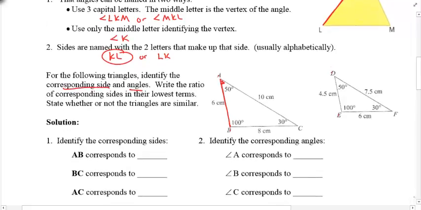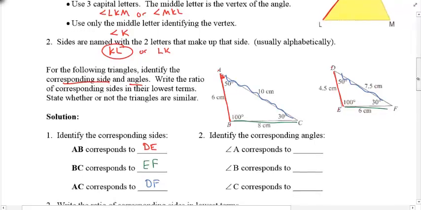So, AB, I hope you can see, corresponds to the side DE. I hope you can also see that side BC corresponds to the side EF. And I hope you can finally see that the side AC corresponds to the side DF. That's why we need to figure out the corresponding sides so we can actually find the proportion.